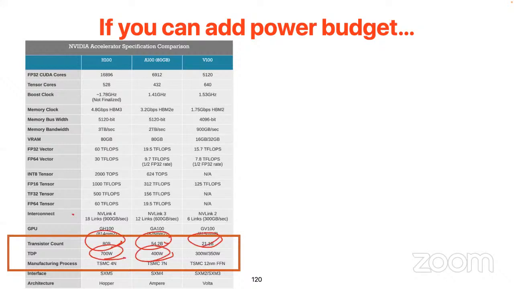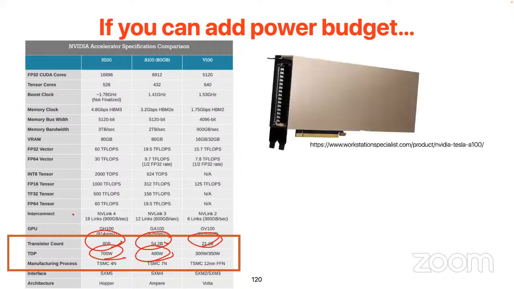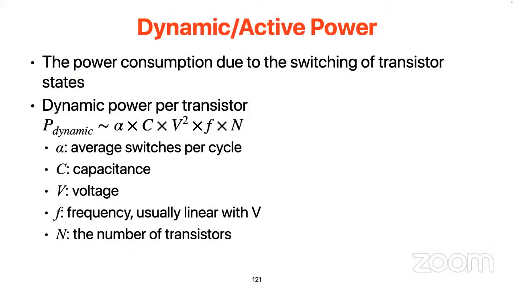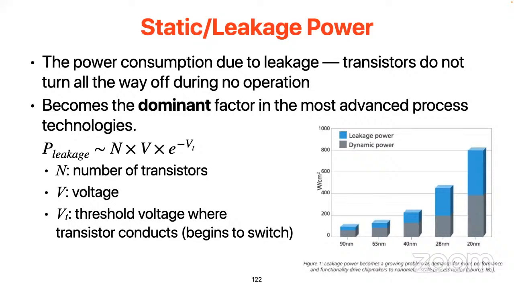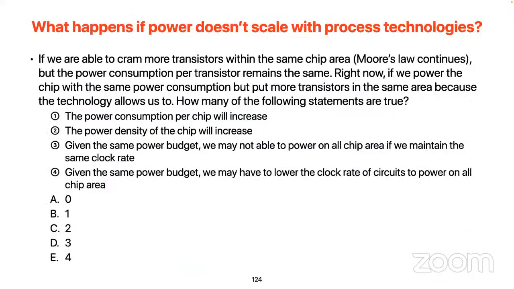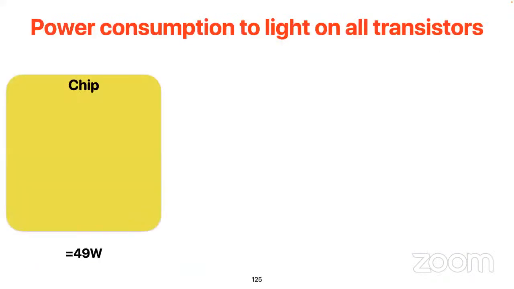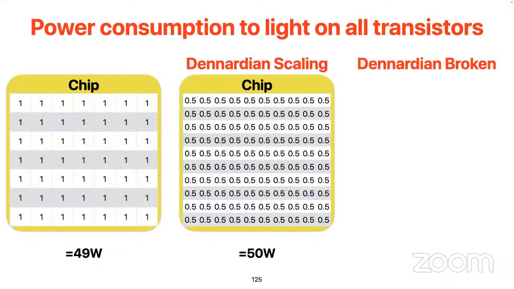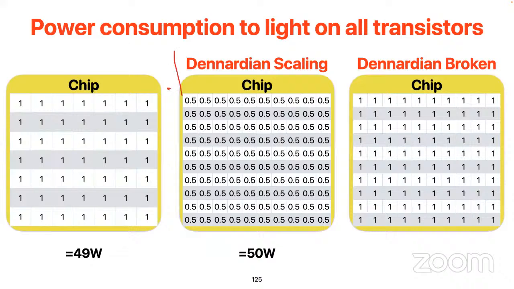But if you look at the power consumption, it's actually significantly increased. So this is possible for GPUs, but probably not possible for processors. So that's why we start to see a lot of solutions to deal with that. And in fact, this trend is causing a problem called dark silicon, because the transistor power is not decreasing as it used to be.